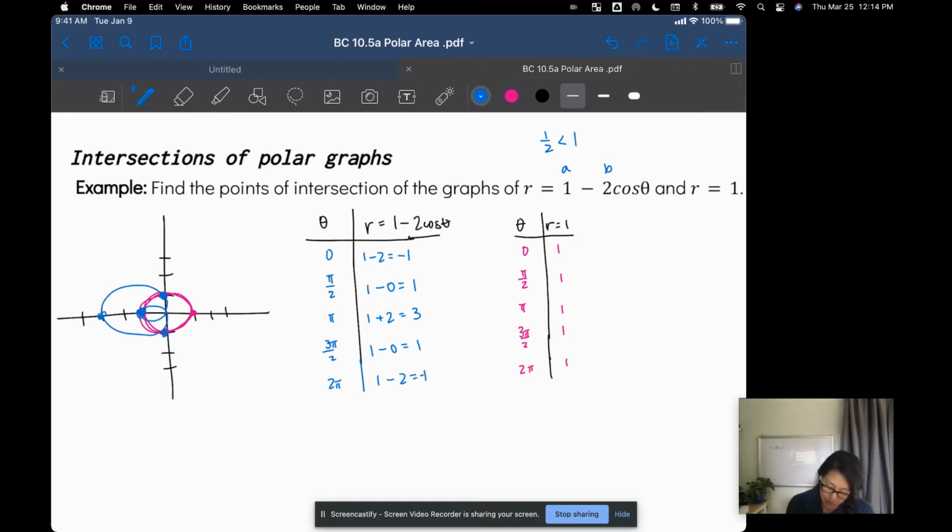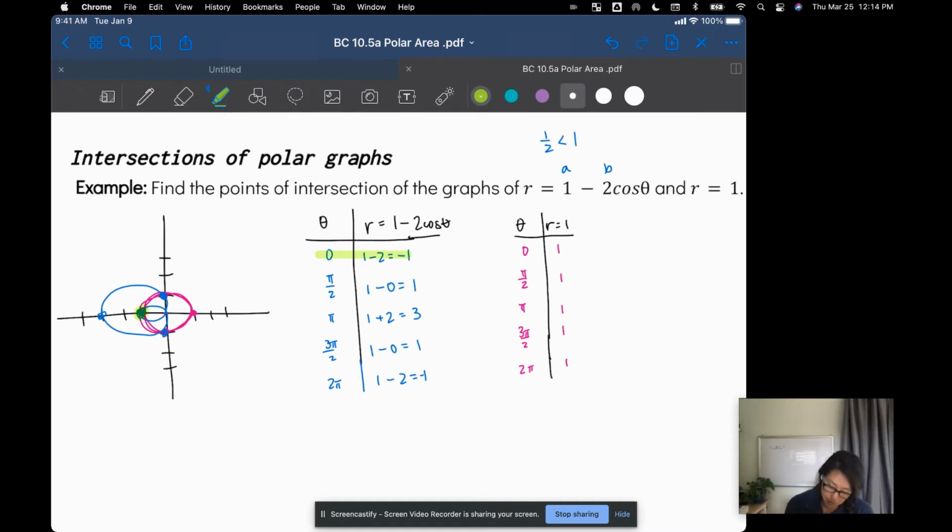One thing I like to note is where each one of my curves starts, where the curve starts at theta equals 0. So for the inner loop, theta equal to 0 gives me a radius of negative 1. So it was this first point, the top point on the inner loop, or the leftmost point on the inner loop, I guess.